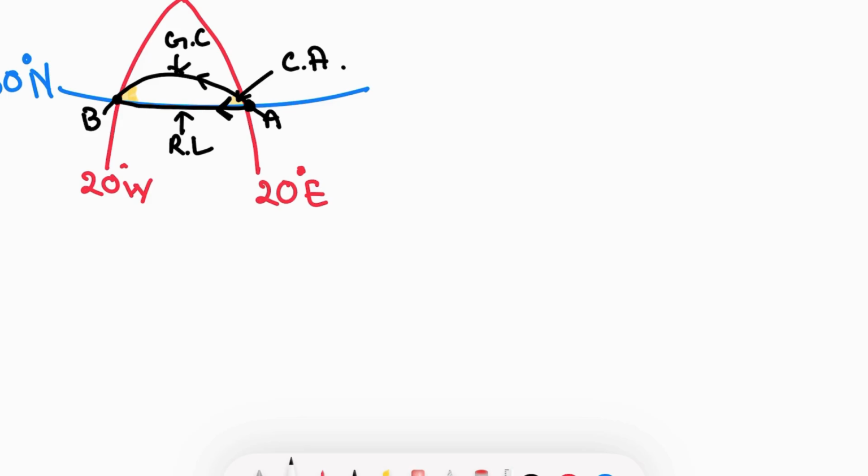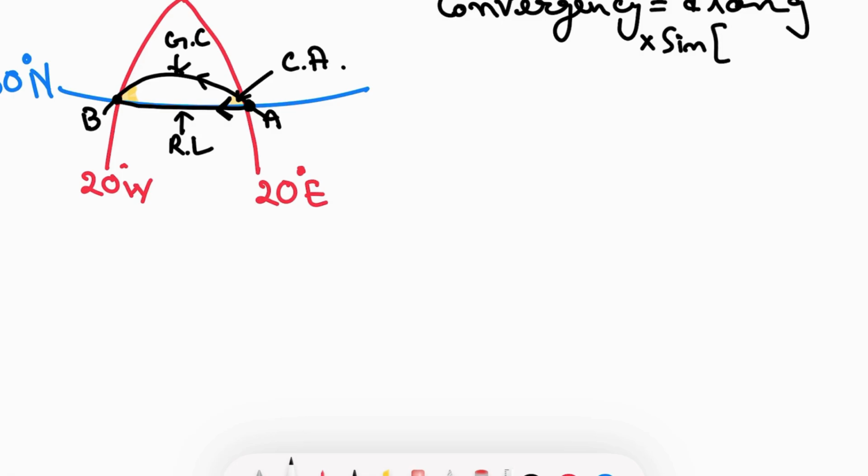First of all, we need to find the convergency. For that, we will use the first formula. Convergency is equal to d long into sine latitude, as there is only one latitude. The d long, the distance between two longitudes, is 40, right?